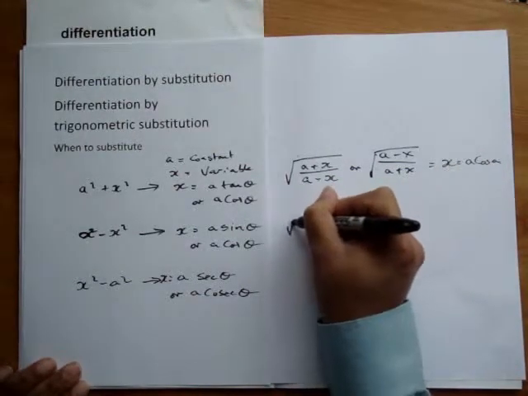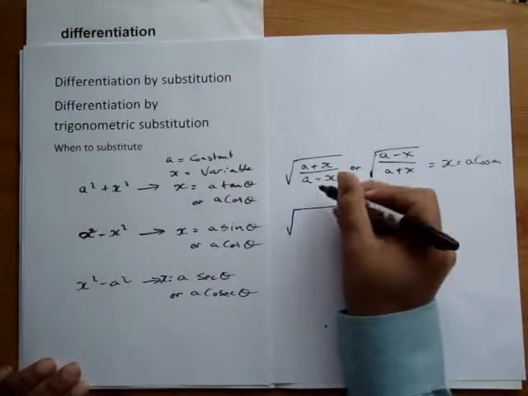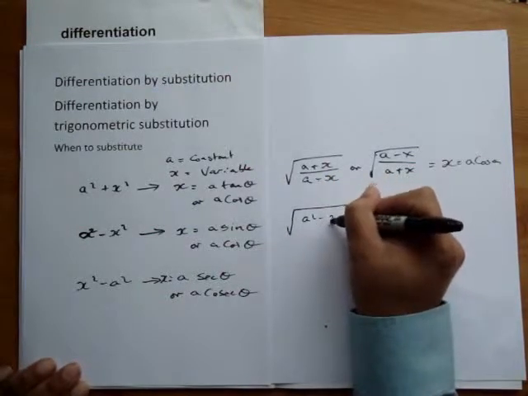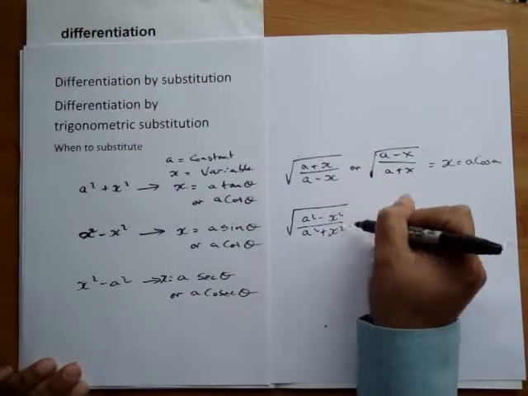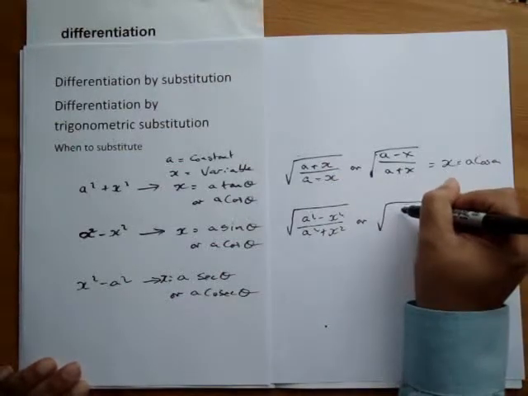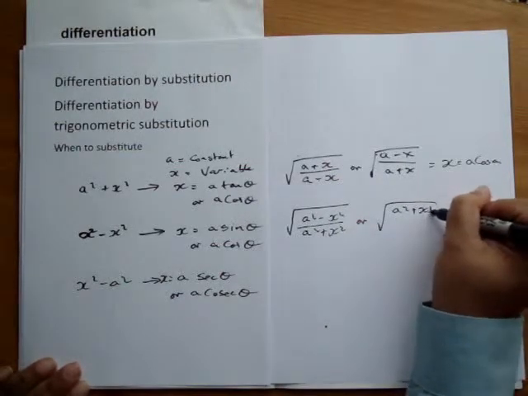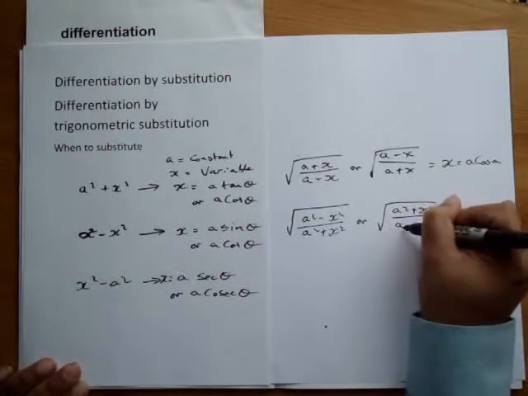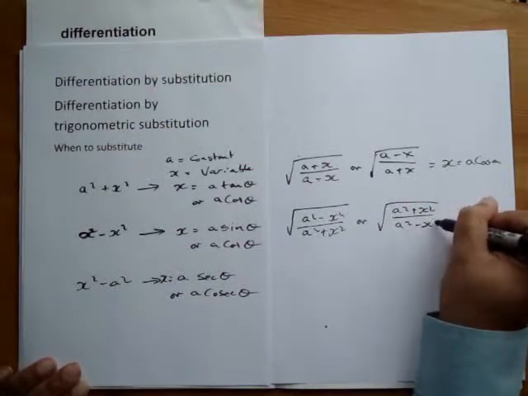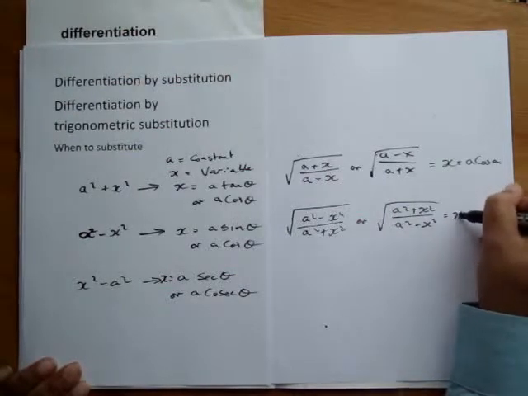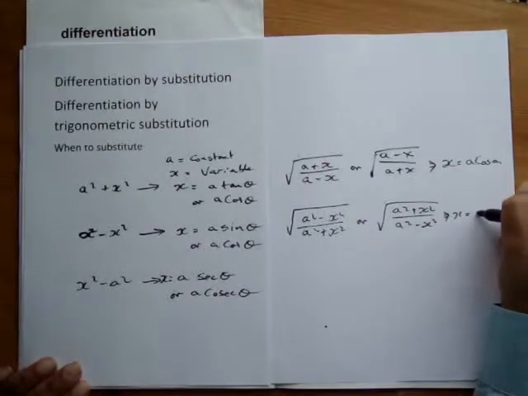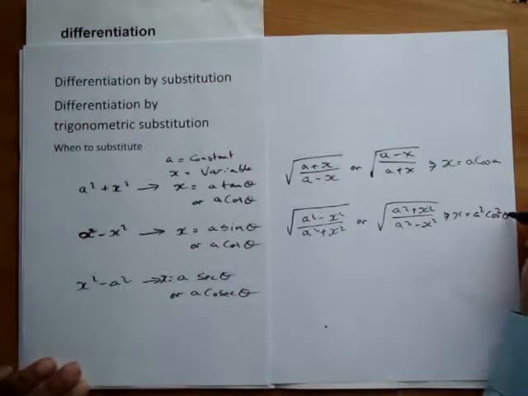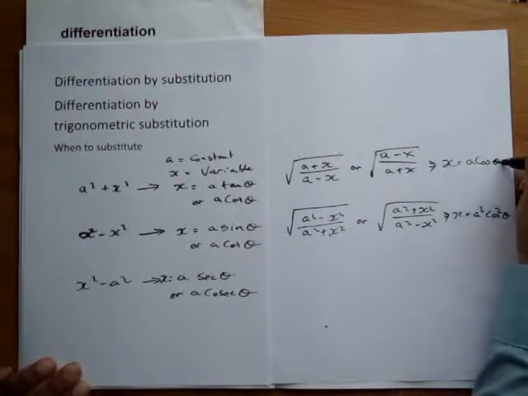And where we have a squared minus x squared over a squared plus x squared, or a squared plus x squared over a squared minus x squared, this is x equals a squared cos squared theta, cos squared theta, sorry. There we go.